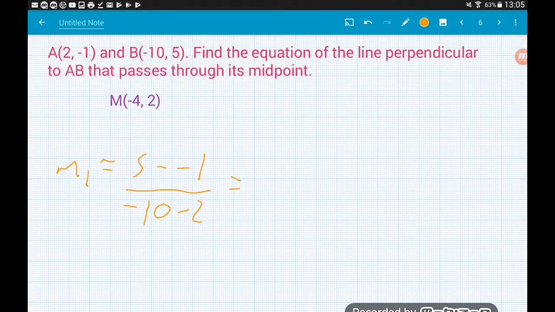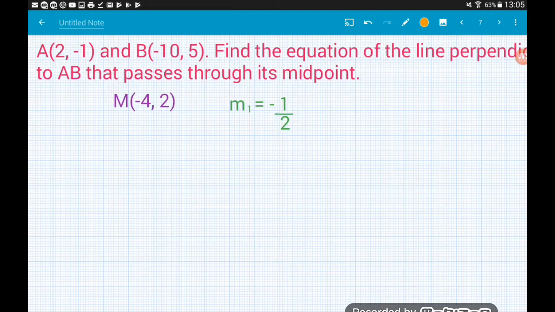So 5 + 1 is 6. -10 - 2 is -12. Now 6 divided by 12 is a half. We've got a minus on the bottom, so that's going to give us minus a half. So M1, the gradient of AB here is -1/2.